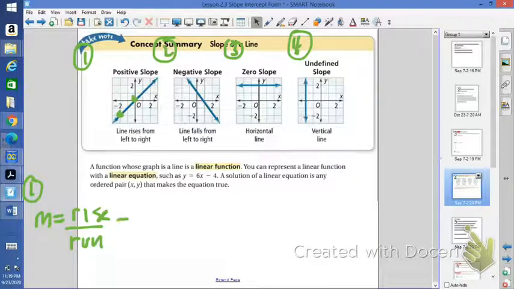You're then going to ask yourself, how do you go from the first point to the second point? And it doesn't really matter which point you use as your first one or your second one. So I'm going to go from here. How do I go from here to here? Well, let's calculate how much we have to go up.